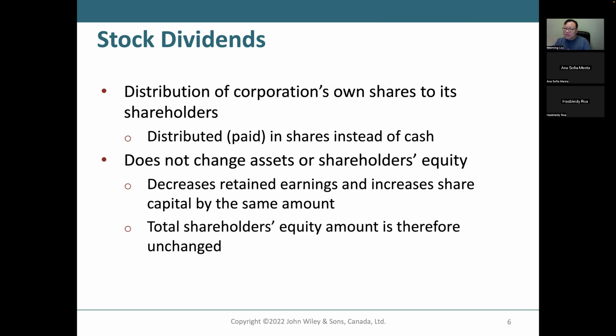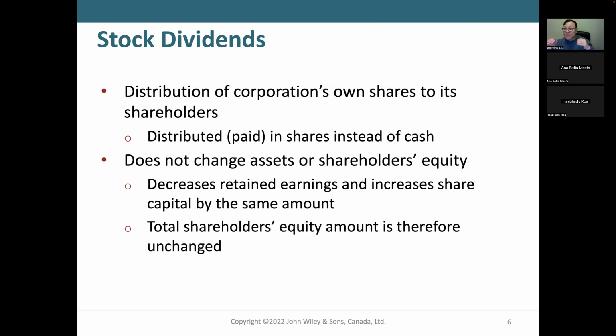Because when you issue dividend, remember, dividend will reduce your retained earnings. So when you issue stock dividend, your retained earnings will decrease, and at the same time, another equity account will increase. That's the share capital. Because when you issue stock dividends, you are giving additional shares to the shareholders, so the share capital will increase.